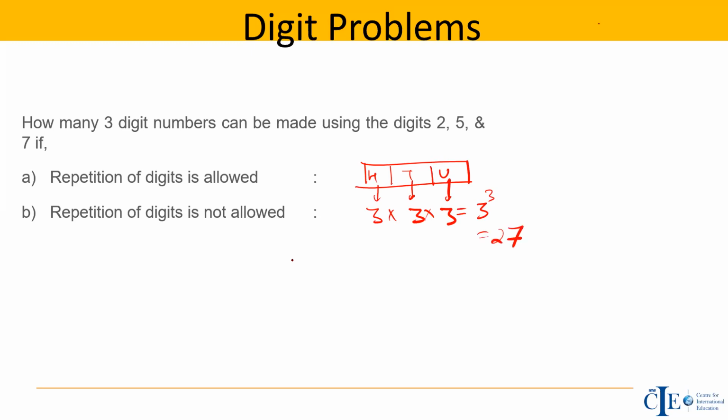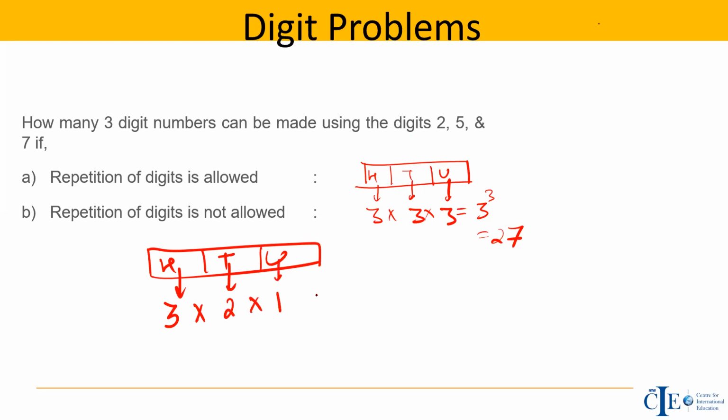And when repetition is not allowed, you cannot repeat the digits. So units, tens, hundred. You can use any of the 3 digits. जो भी use हुआ है वो tens पे use नहीं कर सकते. So only 2 options left. And units पे only 1. So 3 into 2 into 1, which is 6. So the first one, 27. And the second one, 6. Perfect.